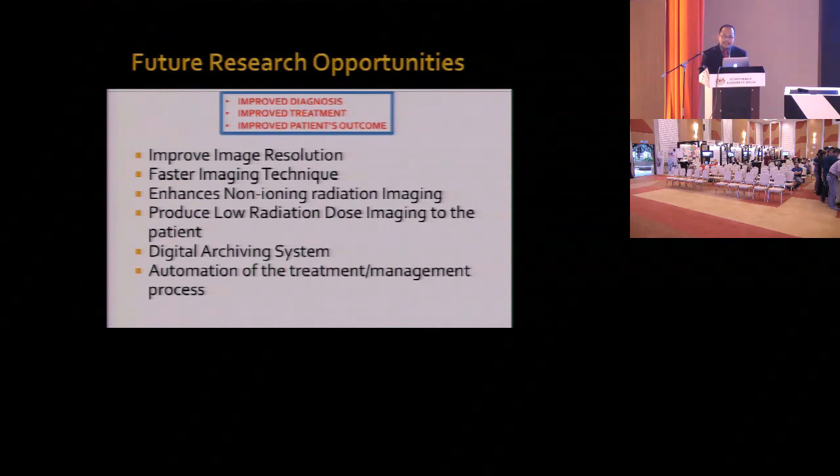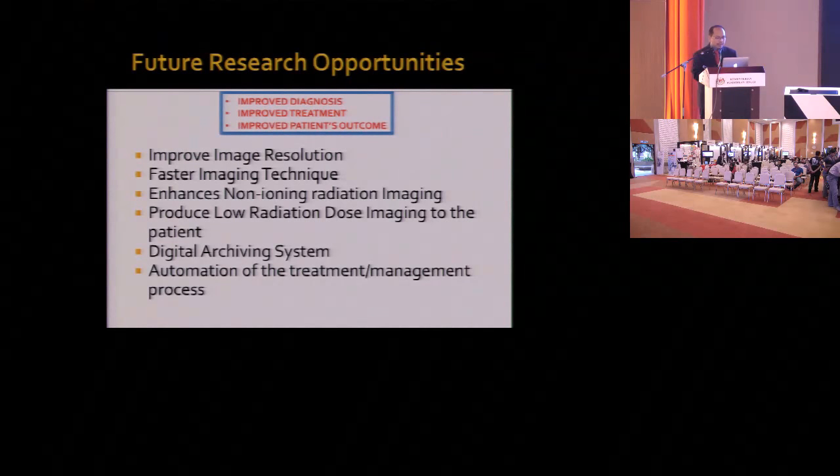And if we need to do a CT scan, then we should have a collaboration or research on how to reduce the dose to the patient. I think a digital archiving system is also important. We need to have a good one so that we can build a digital imaging library, digital imaging exam films, and so forth.